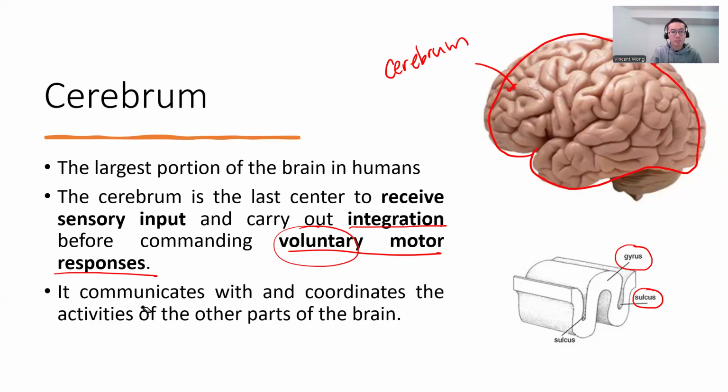The cerebrum also communicates with and coordinates activity with other brain parts. It doesn't act on its own. Often, what you're seeing and what you're hearing, those two pieces of information, even though it's processed at different lobes, they need to be cross-referenced and put together to have a better sense of what's really going on. Like, sometimes if you watch a movie in a different language, but you're watching an English dub or something.